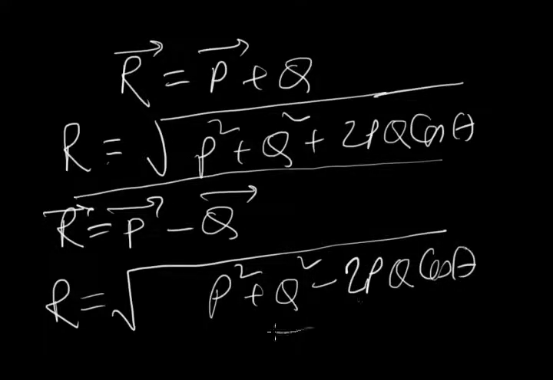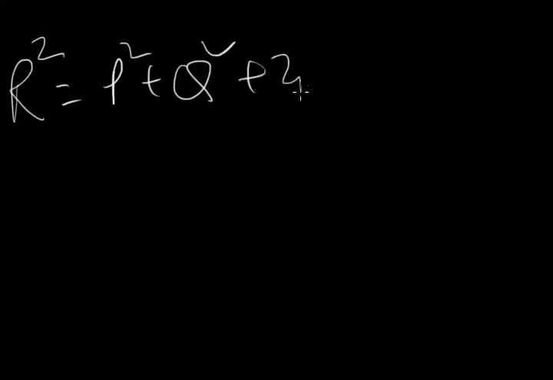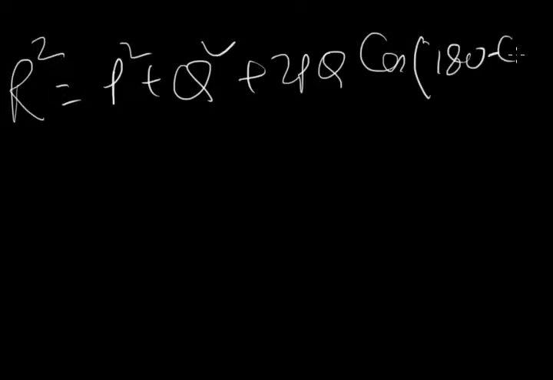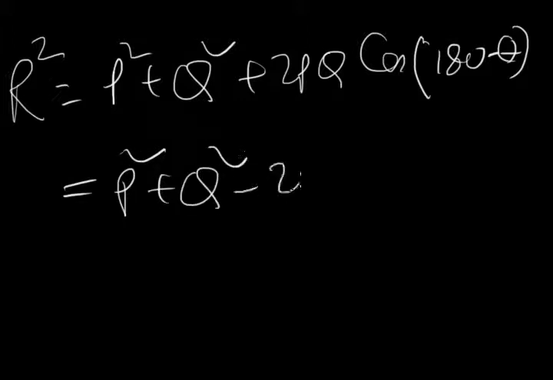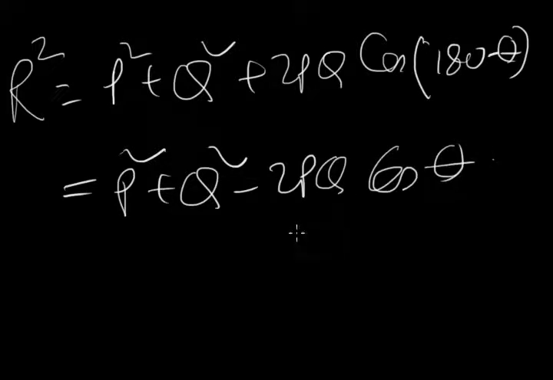You can write it simply as a formula with minus cos theta, or, to be more correct as a student, you should put it as R square equal to P square plus Q square plus 2PQ cos 180 minus theta. That is more accurate, and then you can go on to write it as P square plus Q square minus 2PQ cos theta. So addition has a reversal in what we call subtraction.